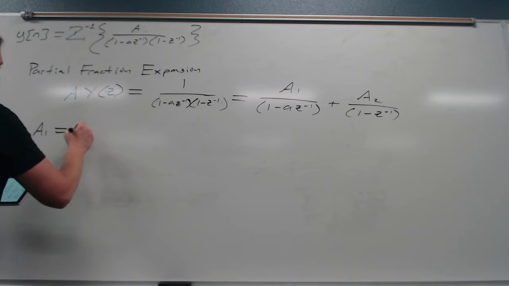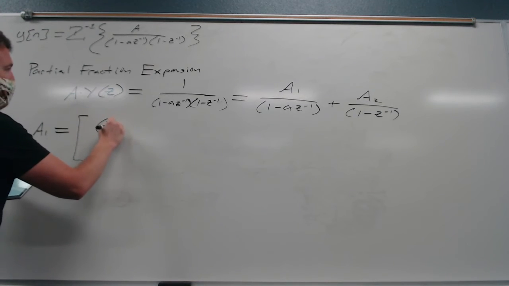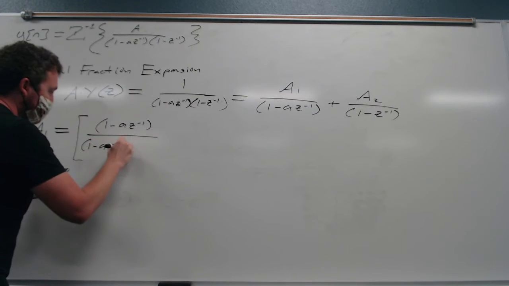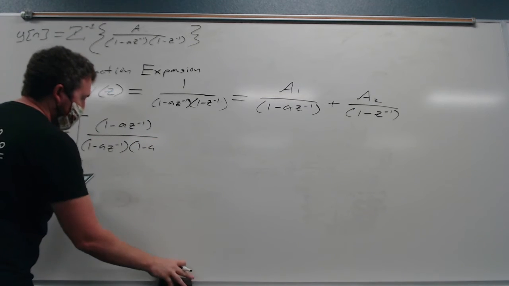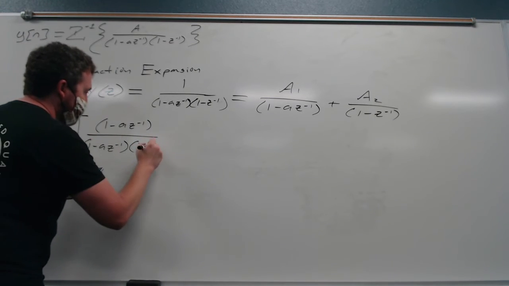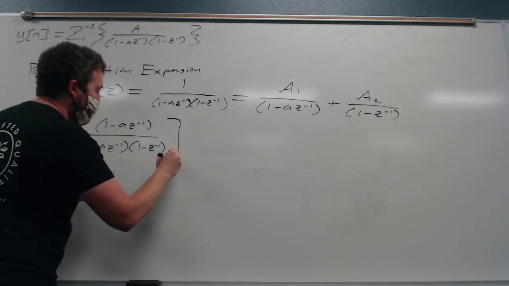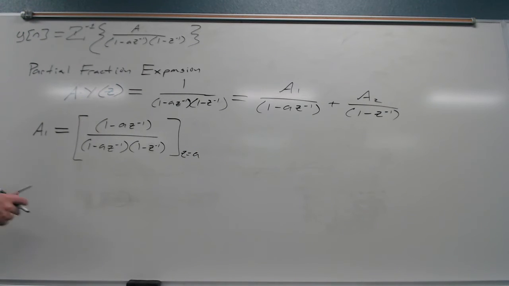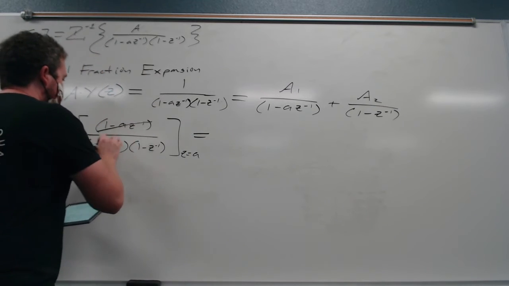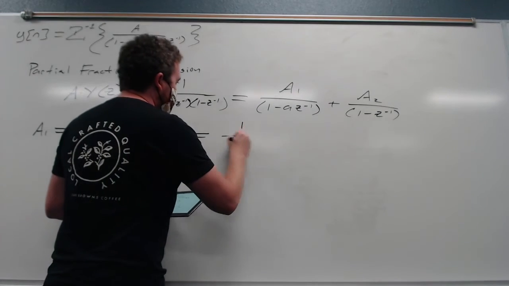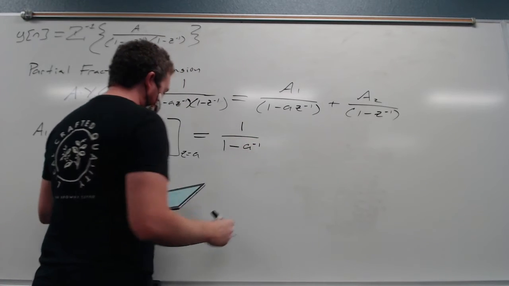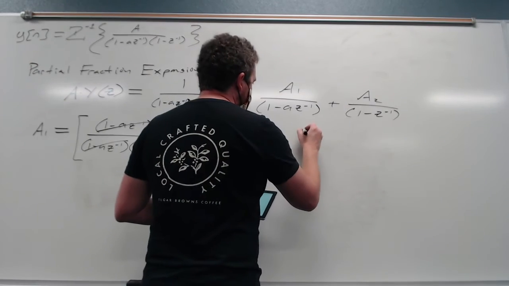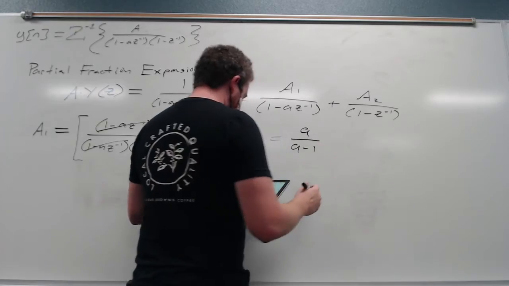It's going to be just 1 minus a z to the negative 1 over 1 minus a z to the negative 1 times 1 minus z to the negative 1, all of that where z is equal to a, which is going to get us, these two quantities cancel out, 1 over 1 minus a to the negative 1, which translates to a over a minus 1.